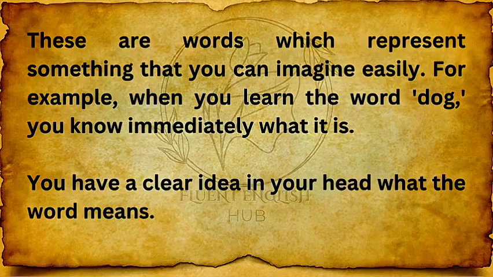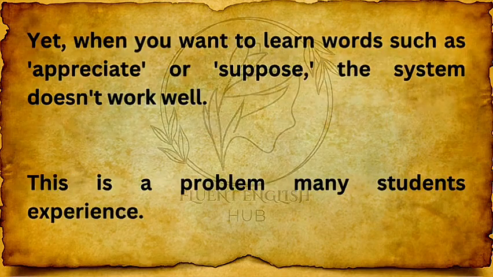These are words which represent something that you can imagine easily. For example, when you learn the word dog, you know immediately what it is. You have a clear idea in your head what the word means. Yet, when you want to learn words such as appreciate or suppose, the system doesn't work well.